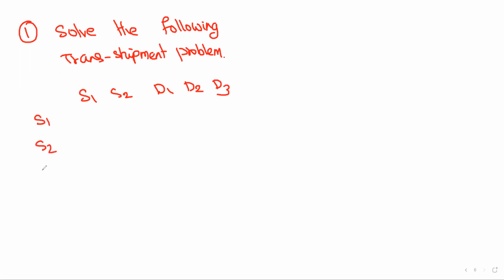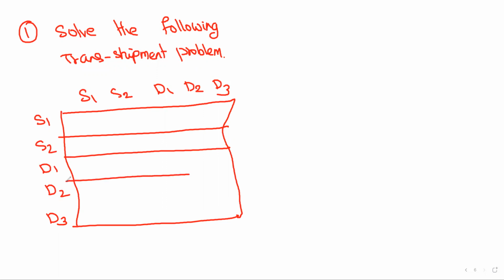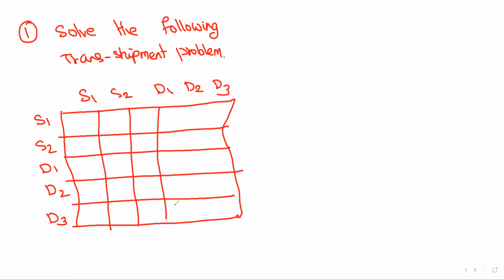Here we have 5 rows and 5 columns. S1, S2, D1, D2, D3. And similarly here also S1, S2, D1, D2, D3.